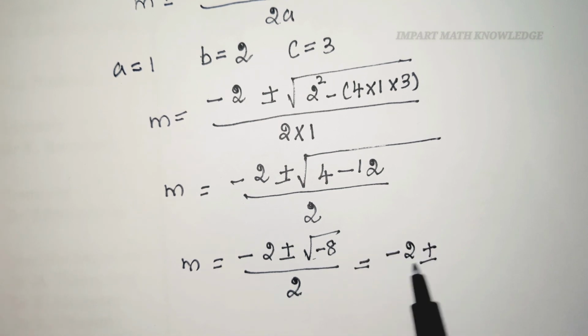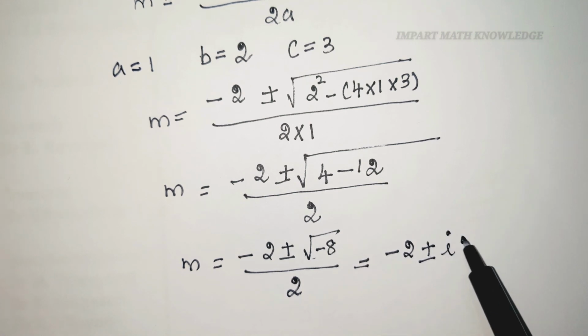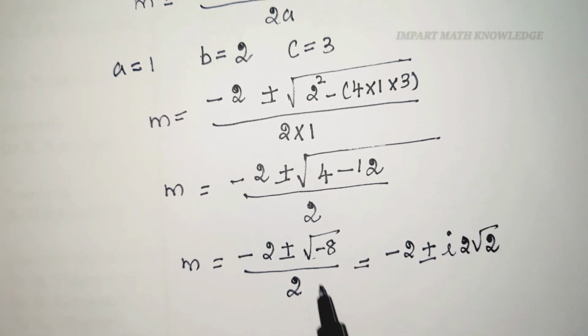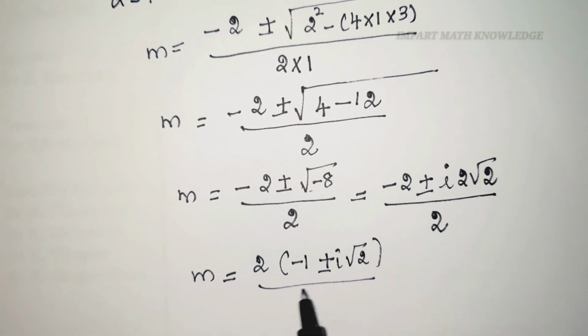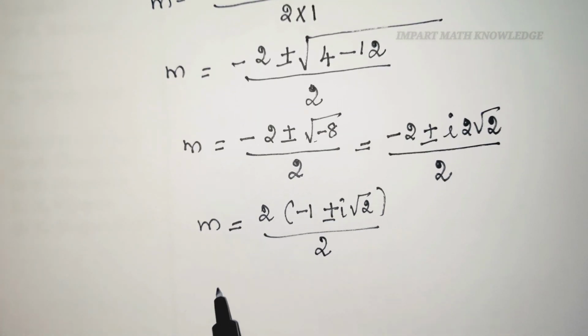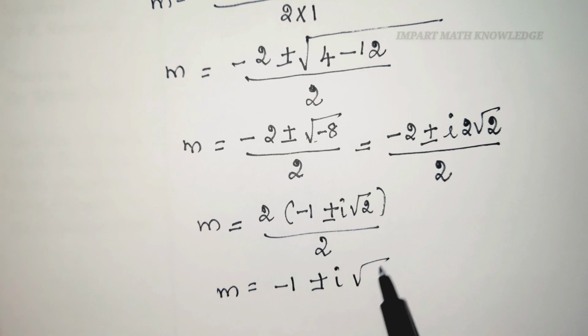Root of minus 8 is nothing but 2 root 2 i because of the negative root, divided by 2. 2 is common, take it outside. So 2(minus 1 plus or minus i root 2) by 2. So m value is minus 1 plus or minus i root 2.